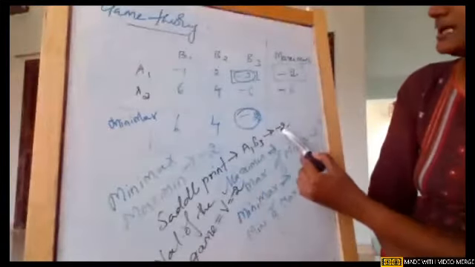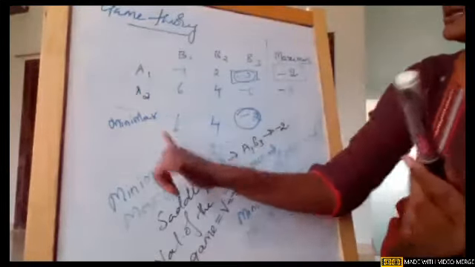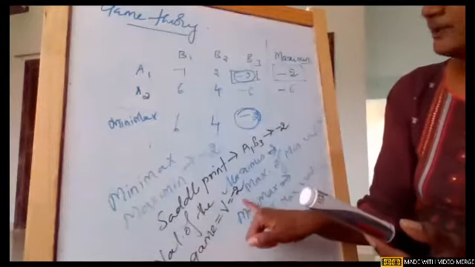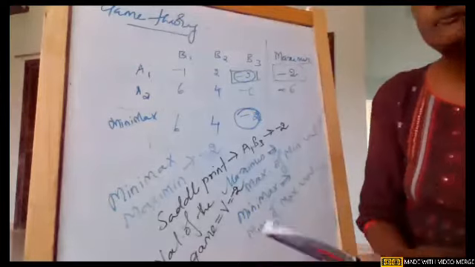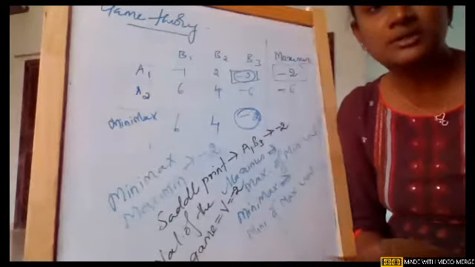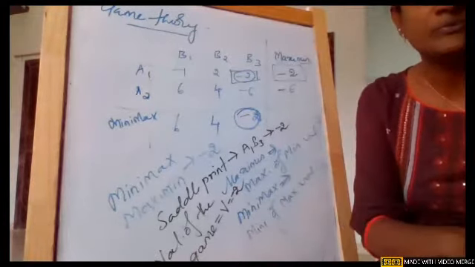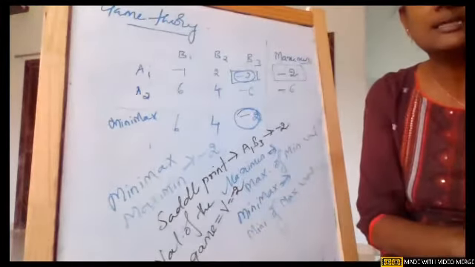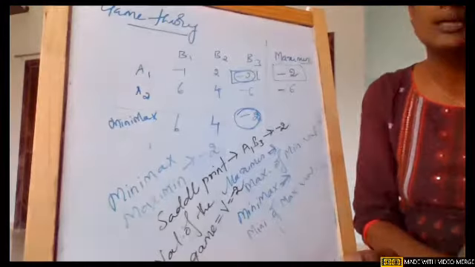So that is the saddle point, -2, where minimax and maximin values are equal, and the value of the game for this particular problem is -2. Obviously you need to understand that A is losing by 2 points and B is winning by 2 points, and that scenario is what we call the saddle point.